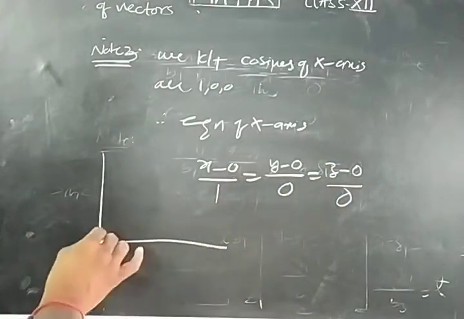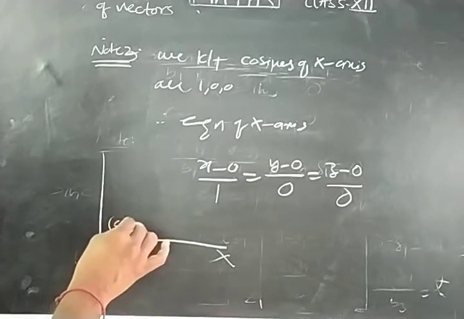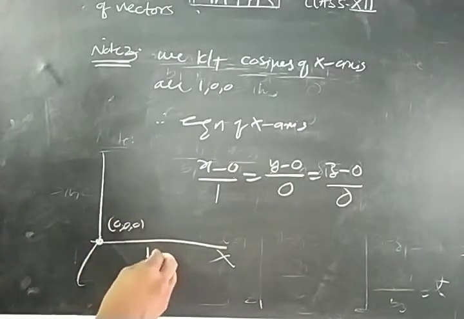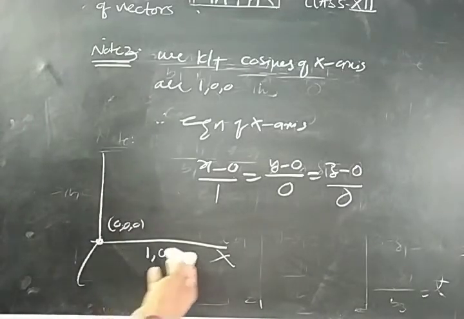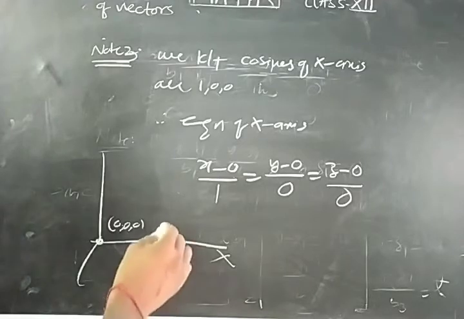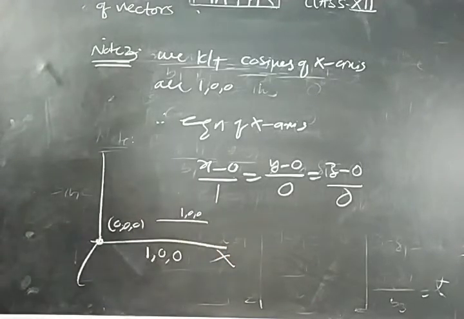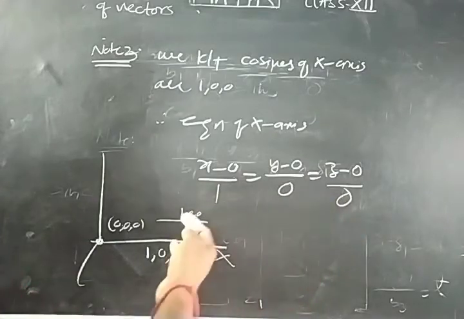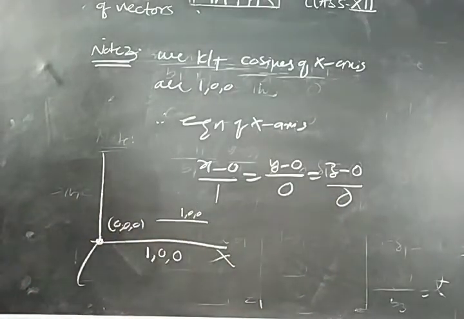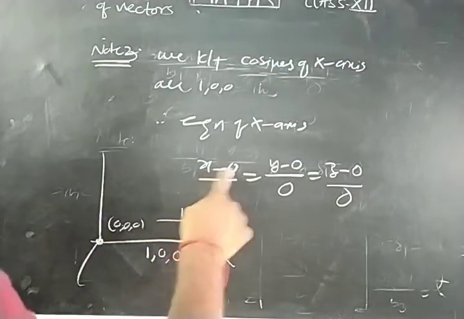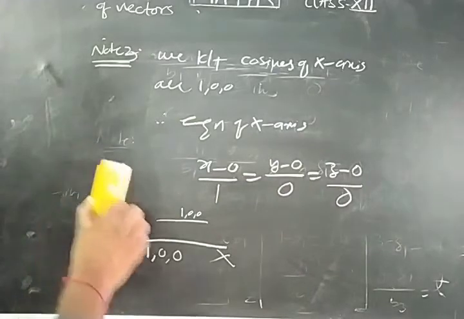Suppose this is the x-axis. We have one fixed point on the x-axis, that is 0, 0, 0, and it has direction cosines 1, 0, 0. If the x-axis has cosines 1, 0, 0, then its parallel vector cosines are also 1, 0, 0. So we can use 1, 0, 0 as the direction ratios of the parallel vector, and we have one fixed point. So I can write the Cartesian form in this way.